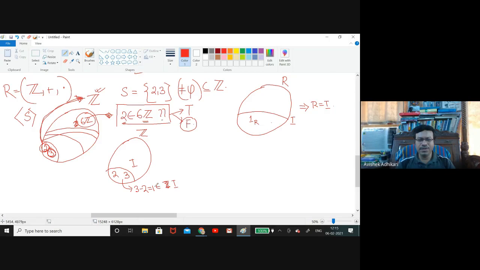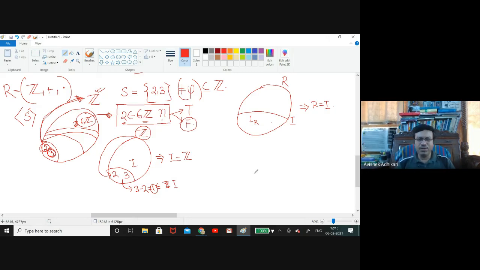And if 1 is within I, then what would be your conclusion? Your conclusion will be I must be equal to Z. So there exists no other ideal of Z which contains both 2 and 3 together. Okay, is the concept clear to all of you now? Any question or doubt?